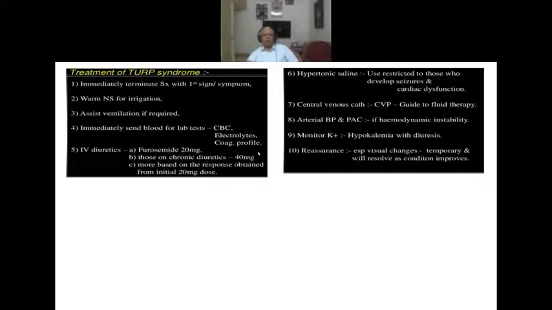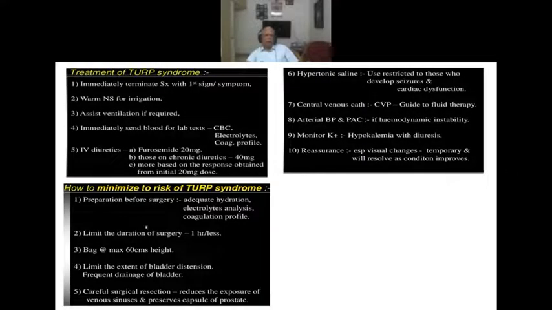Then hypertonic saline can be given, restricted to those who develop seizures and cardiac dysfunction. So if there is seizure activity or arrhythmia, you have to give it very cautiously. You can use a central line. Monitor potassium also, as potassium may be low, and usually the changes will get resolved.